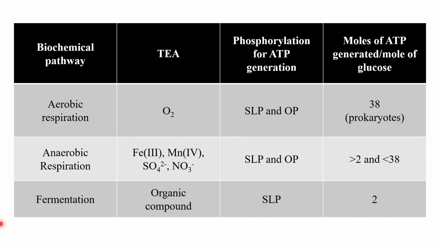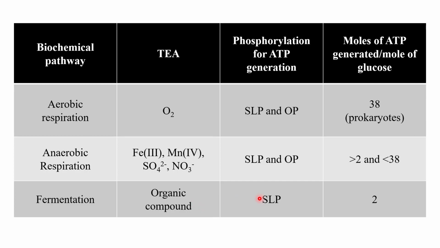So the fermentation process that I have told you, from glucose to pyruvate, and then after pyruvate it is going to ethanol and carbon dioxide. So in that process also, two molecules of ATP are generated out of one molecule of glucose. So in that case, the terminal electron acceptor is an organic compound, and the same organic compound is the main carbon source also.